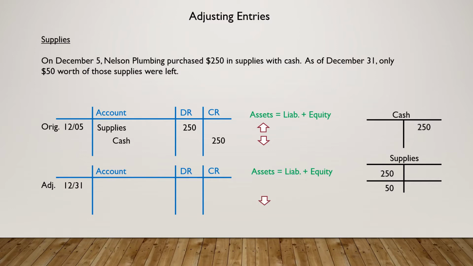And when we consume an asset, we decrease equity with an expense. We record the expense with a debit and the supplies reduction with a credit. The amount is $200 because posting a credit of that amount to supplies will yield the desired ending balance of $50. Finally, post the supplies expense.